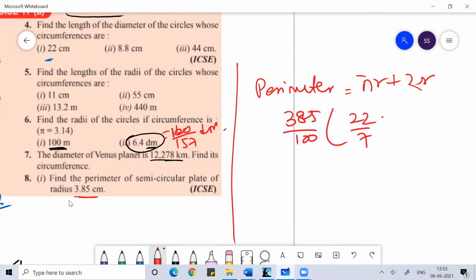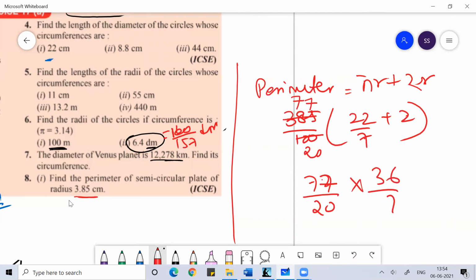Pi is 22 by 7 plus 2. Yes, sir. So I can write it as 7, 35. So 99 by 5. Okay. One minute. So 77 by 20 into this is 14, no? Yes, 36 by 7.